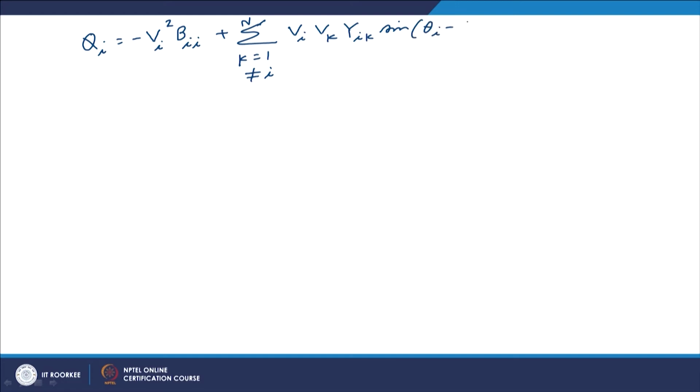So, we again write down the expression of q i: minus v i square b i plus the sum over k equal to 1 to n not equal to i of v i v k y i k sin of theta i minus theta k minus alpha i k. So, we first do the easier one, del q i by del v k.